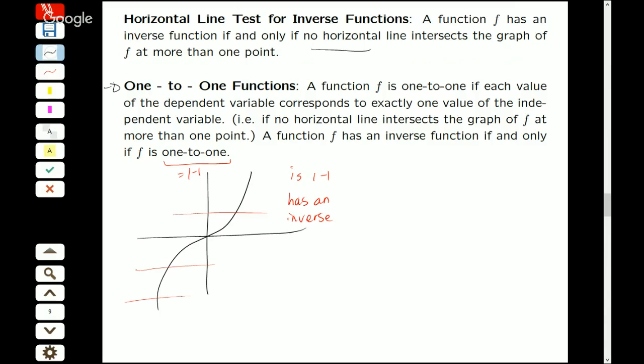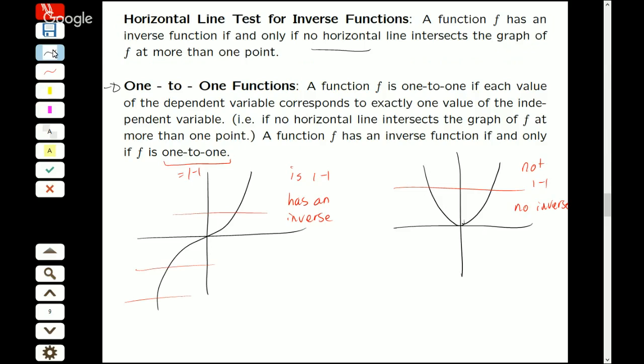Now, let's look at the squaring function. It looks like this. Is it one-to-one? No. So, no inverse. Now, if you remember 30 minutes ago, I started off by showing you that this function had an inverse on a graph.